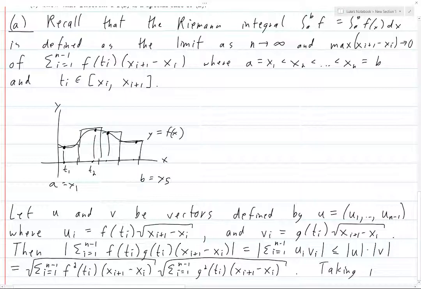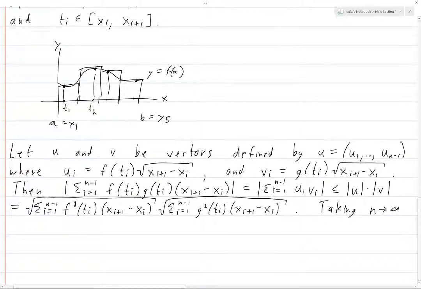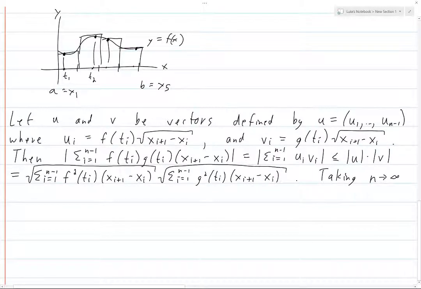So now, if we take n to infinity, and the max of xi plus 1 minus xi to 0, so if we consider finer and finer partitions, then what's going to happen?